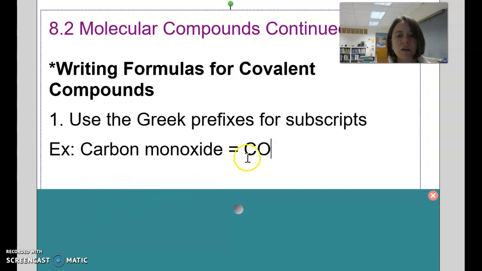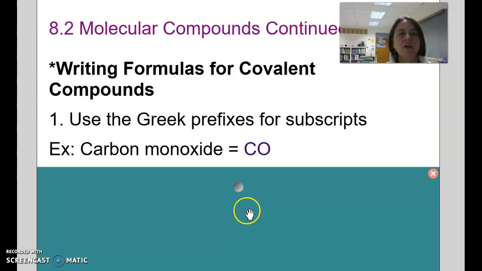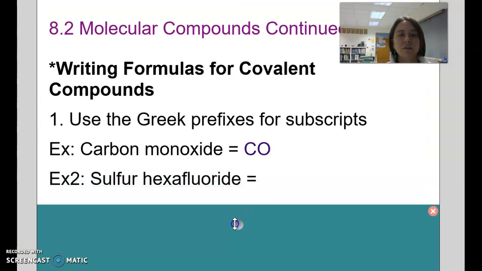So this one is carbon monoxide. And we write mono because carbon dioxide is very common, so we're going to use the monoxide to differentiate it from carbon dioxide. Okay, I would like you to try an example, sulfur hexafluoride. So please write the formula for sulfur hexafluoride.